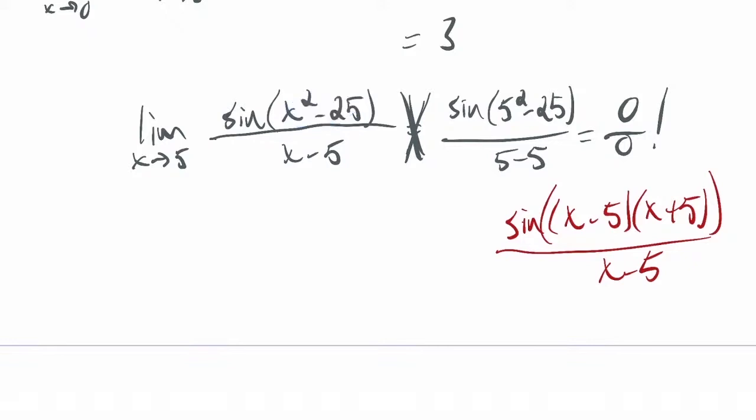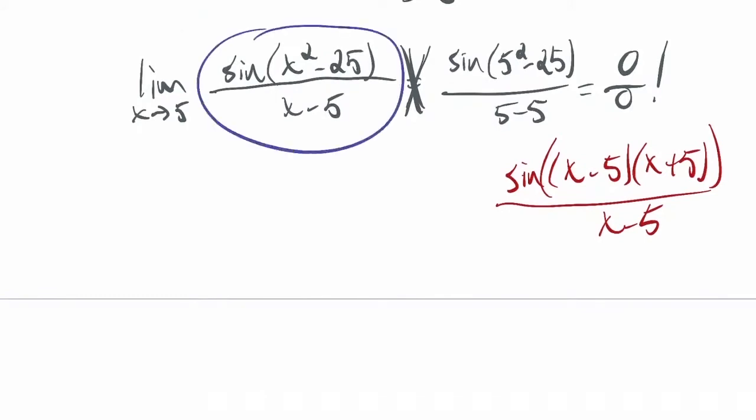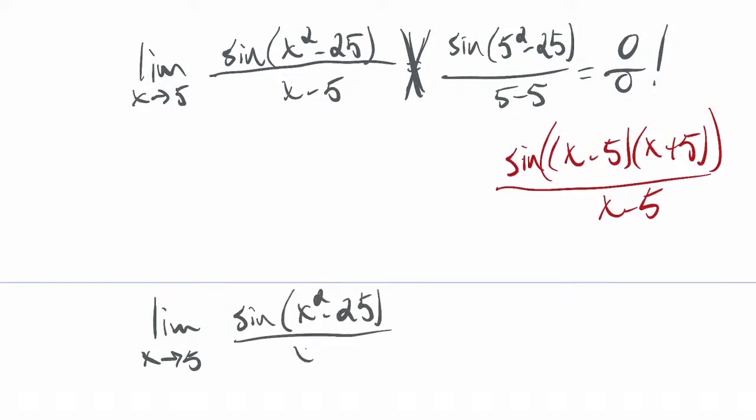Well, I think the homework problems on WebWork, none of them are quite this complicated, but it's a good example of how to handle change of variable, which again, we need in the next section anyway. So I can say, okay, the limit, I'll just copy it here first, as x goes to 5 of sine of x squared minus 25 all over x minus 5.